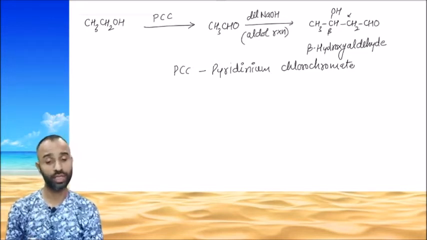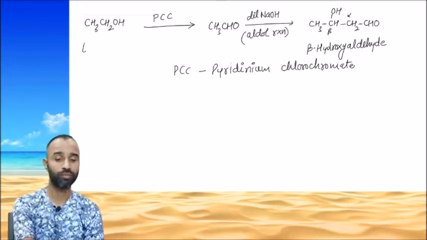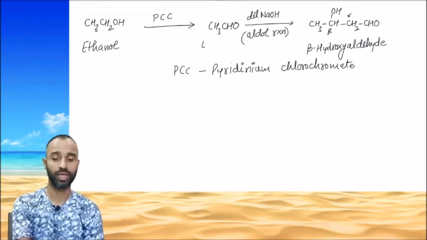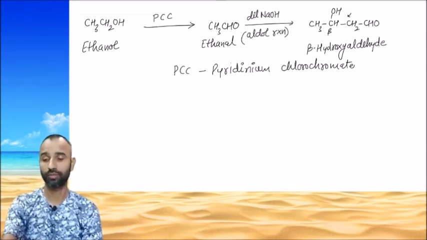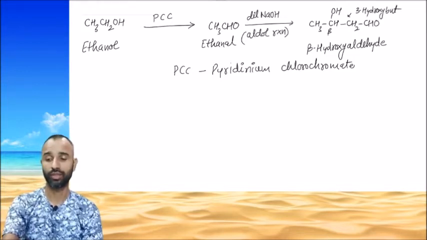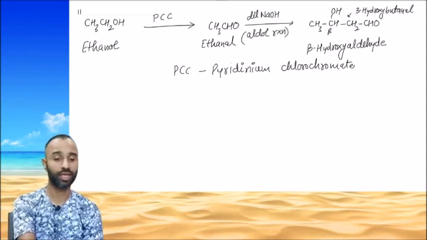We can convert ethanol into ethanal, and ethanal on aldol reaction we get 3-hydroxybutanol. This is 3-hydroxybutanol, right? So this is the second part.